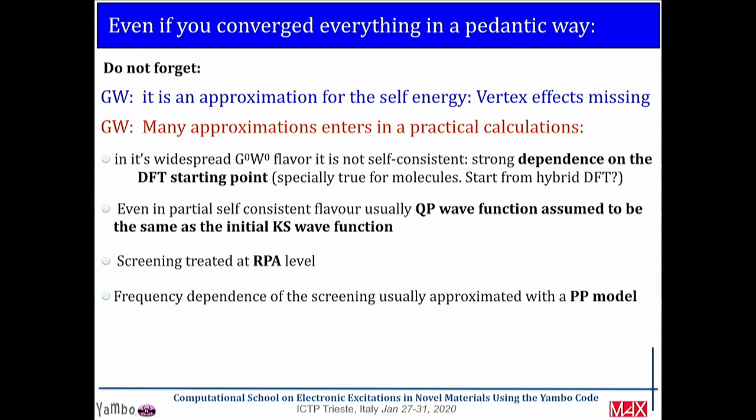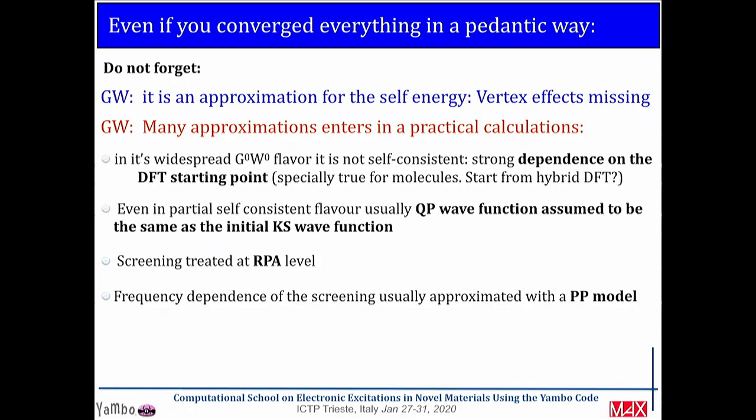So it's not independent of the DFT calculation behind the G0W0. This is important for molecules, and in Yambo it's now also possible to do a GW calculation on top of hybrid calculations.